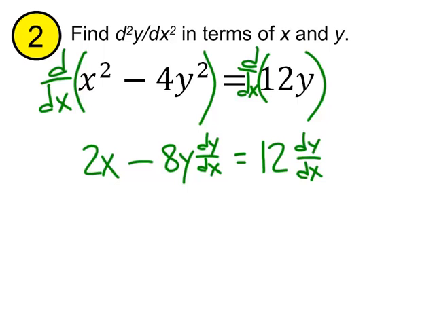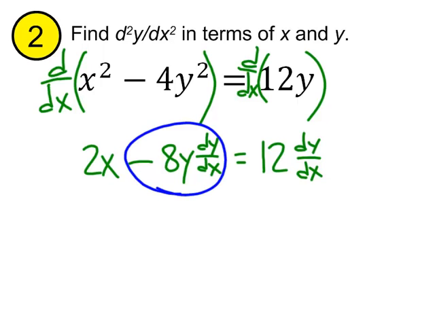And with a little bit of luck, this is starting to become pretty comfortable for you by now. Let's proceed to find the dy over dx. Again, we ultimately want the second derivative, but we'll start by completely getting the first derivative solved and isolated. So let's get the dy over dx terms by themselves, or on the same side of the equation.